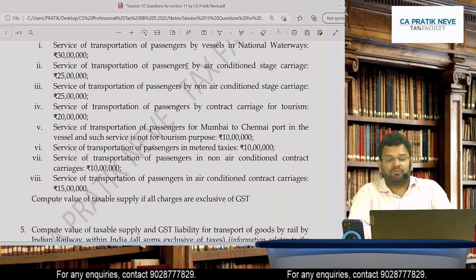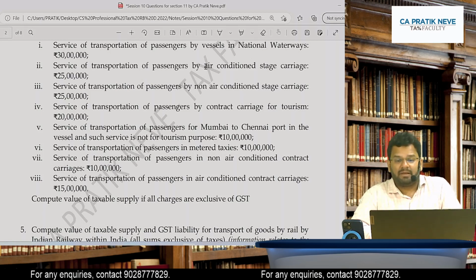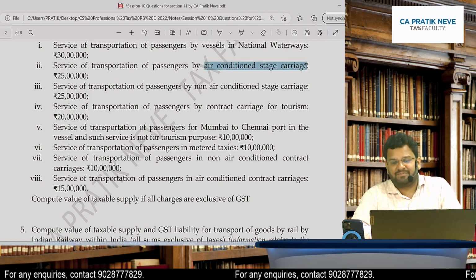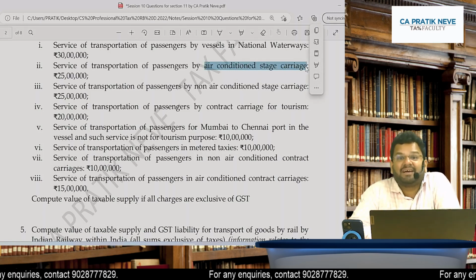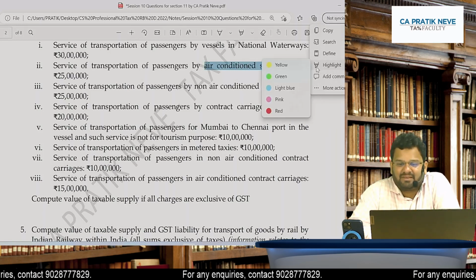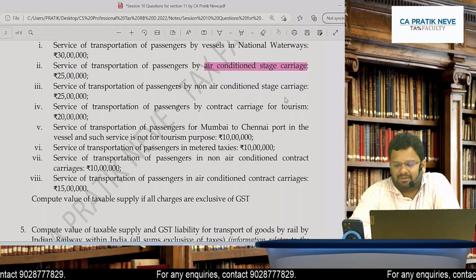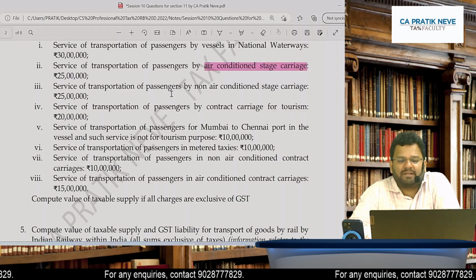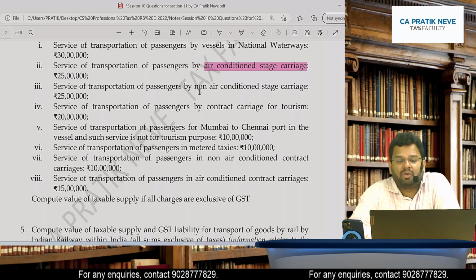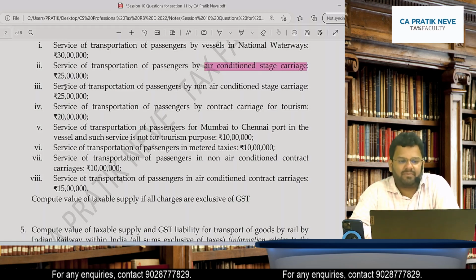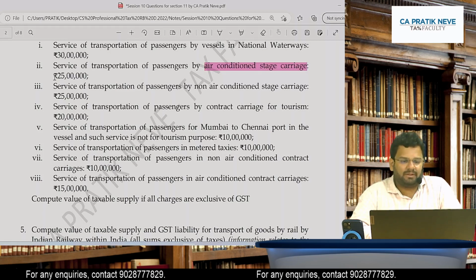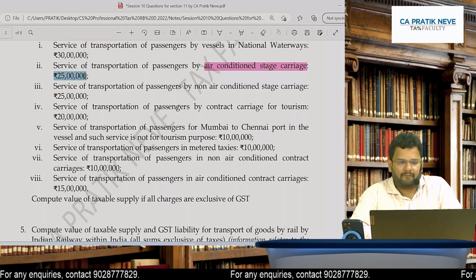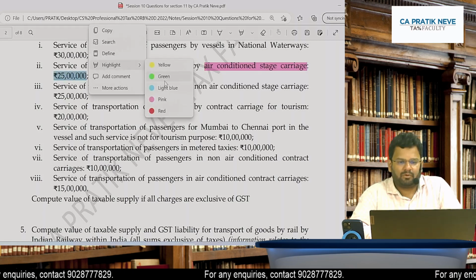Service of transport of passengers by AC stage carriage. When we talk about AC stage carriage, you know it becomes taxable. Wonderful. Service of transport of passengers by non-AC stage carriage. Non-AC stage carriage, you know, will be exempt. Okay.